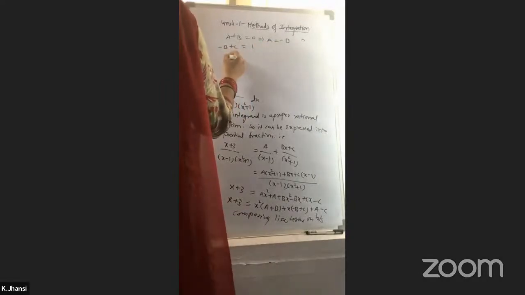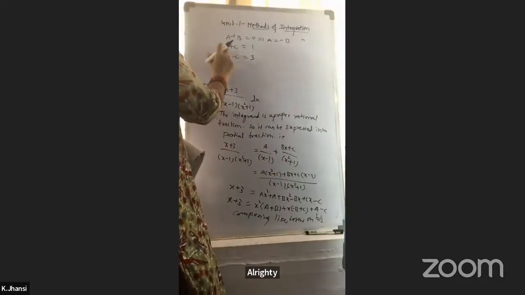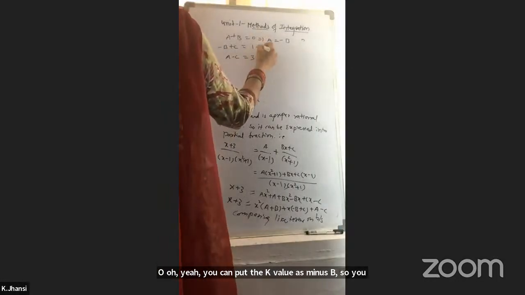Next one is a minus c equals 3. You can convert it into a and c, no? So here you can put the a value as minus b, so you can substitute here in the third equation.